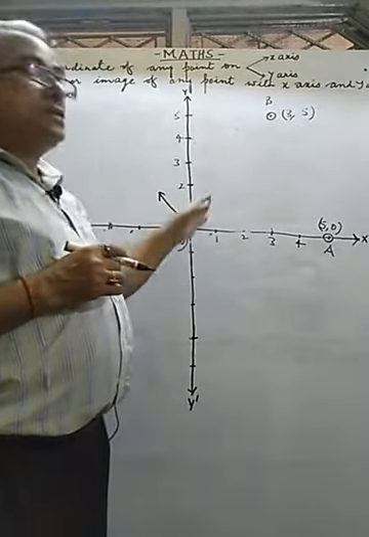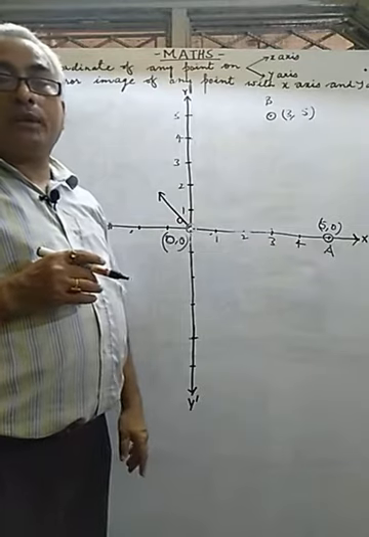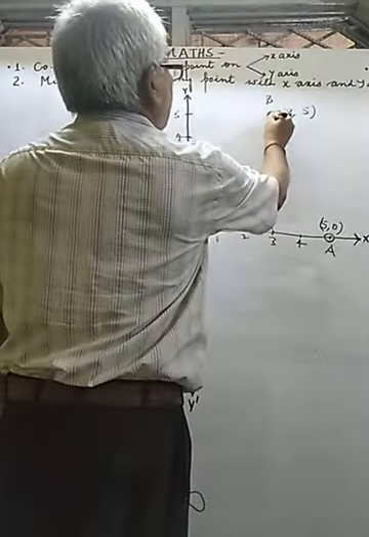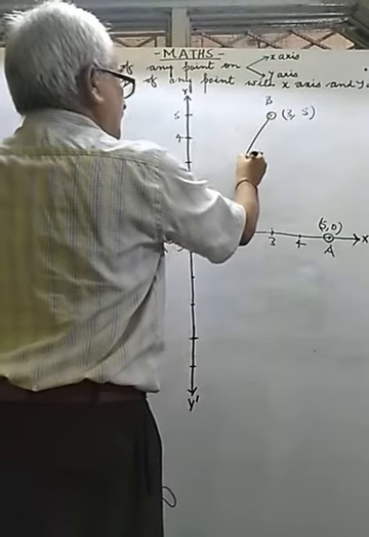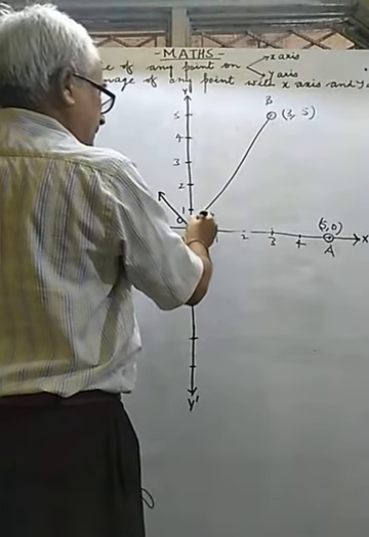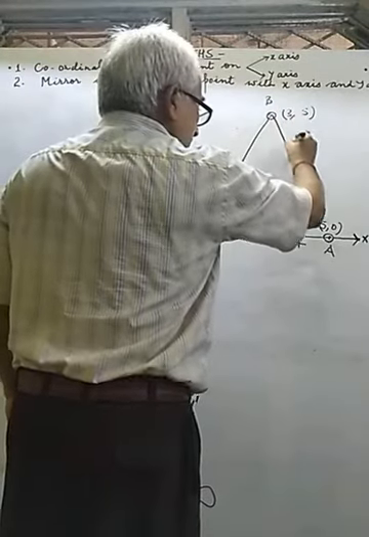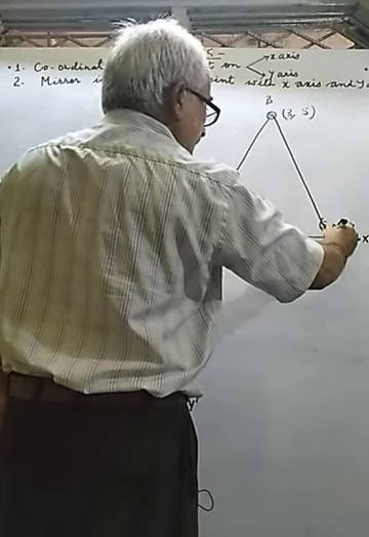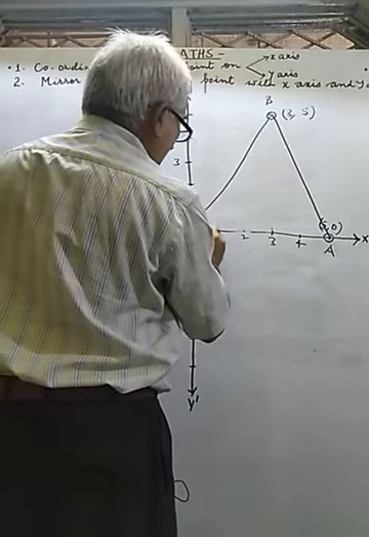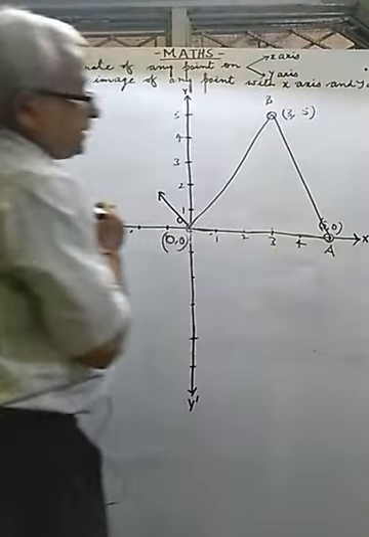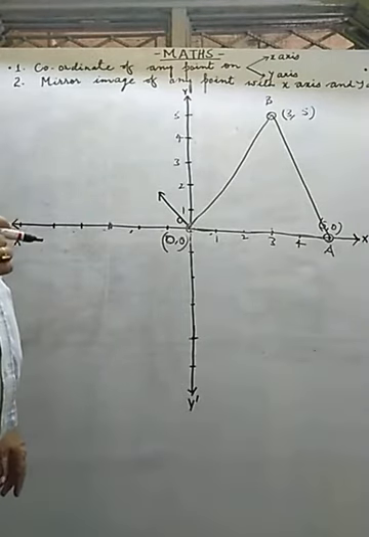After joining these, a closed figure will be obtained. So let us join. If we join here, this can be joined here also, and this point will also be joined, and after joining, what is obtained? A triangle is obtained.